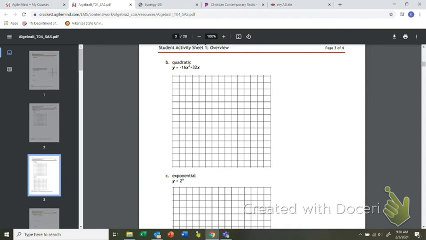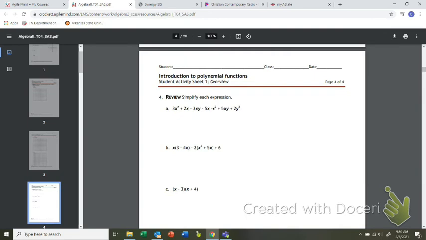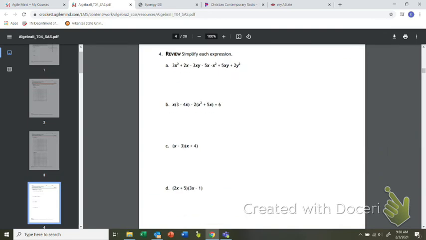The last page is combining like terms. So let's go through this really quick because you should know this. All right, so let's look at the x squareds first. Here's an x squared and here's an x squared.